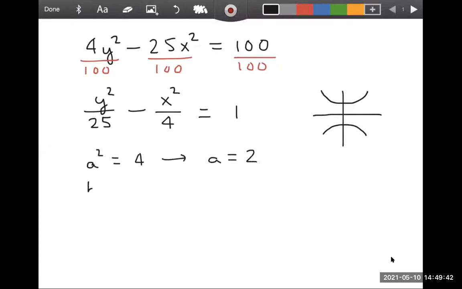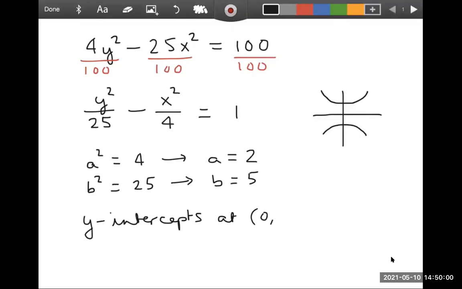And since b squared is 25, that means b is 5. So this hyperbola is going to have y-intercepts at (0, 5) and (0, -5).